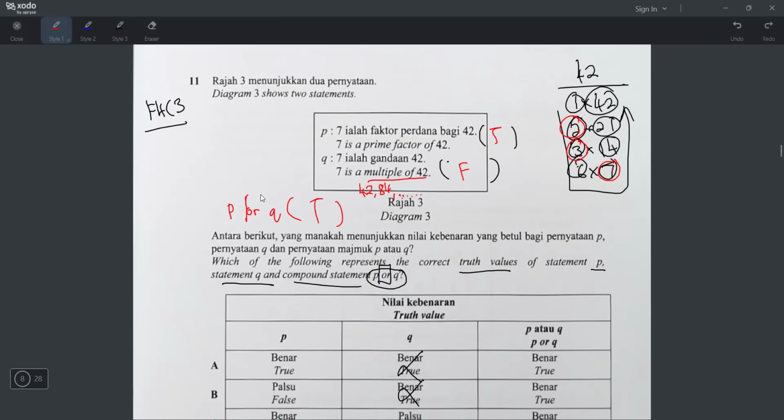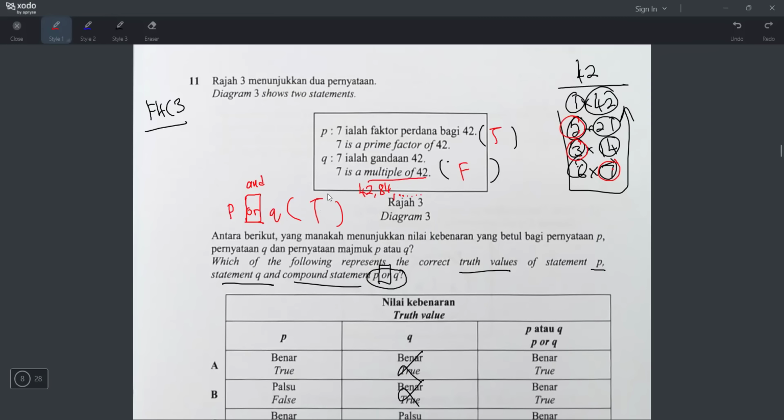Because if you combine using the word or, that means if one of them is true, then the whole thing is true already. You need to know that if I combine two statements using the word or, it will be true when one of them is true. But if I use the word and, both have to be true before it can be true.